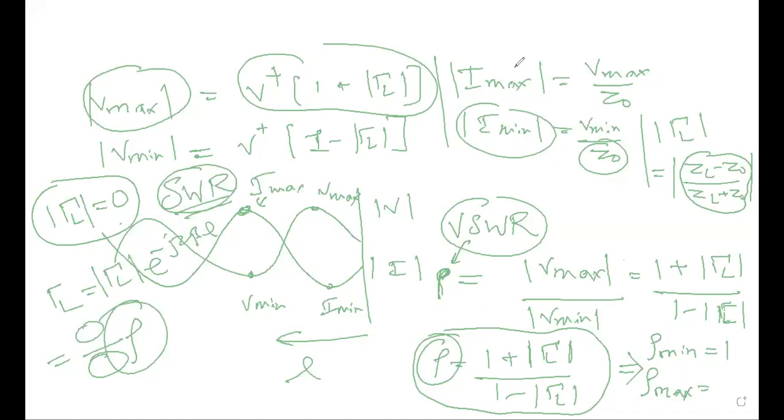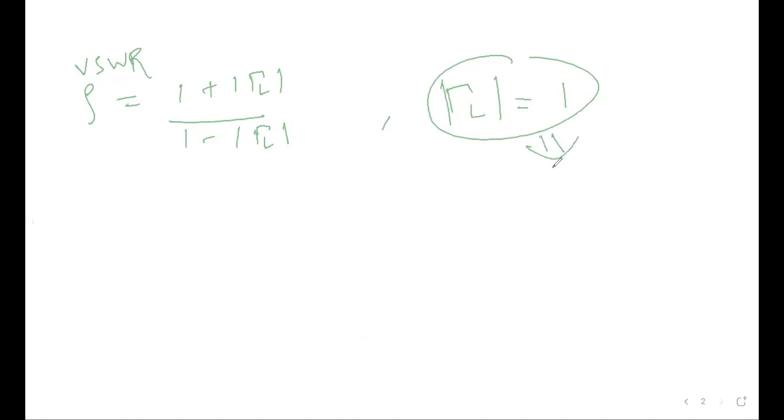When gamma L is 1, yes. So gamma can be 1, right? See, basically we have 2 cases. We have VSWR as 1 plus mod of gamma L upon 1 minus mod of gamma L. The maximum value mod gamma L can take is 1, because this means all your incident voltage is reflected.